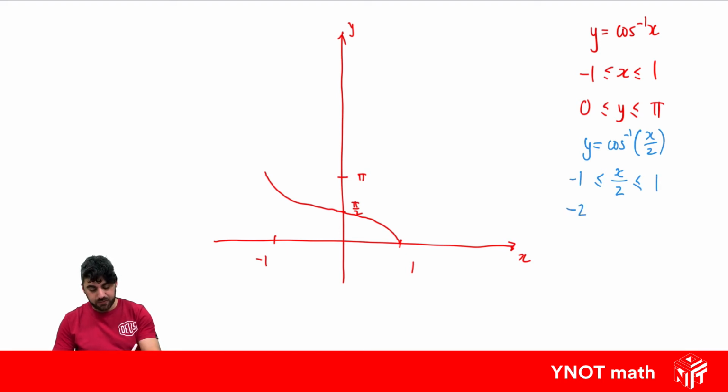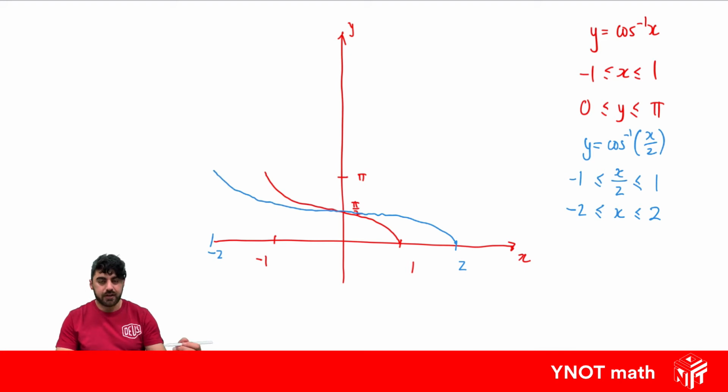We times everything by 2. This tells us now that x needs to be between -2 and 2. We haven't affected the range, so we still have that same range. We're still going through pi on 2 there, but we're going to stretch out and go over there.